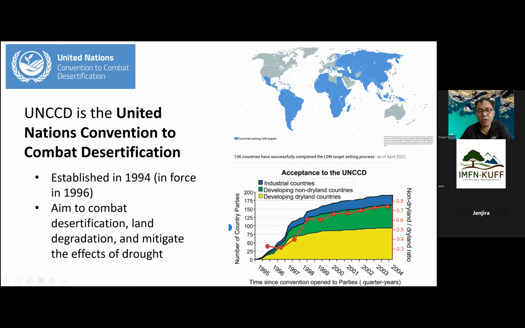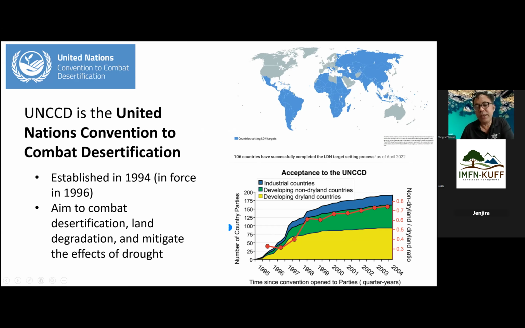Since the establishment in 1994, you can see the rapid participation or adoption of the UNCCD. Right now there are about 106 countries that are engaged or have ratified UNCCD.